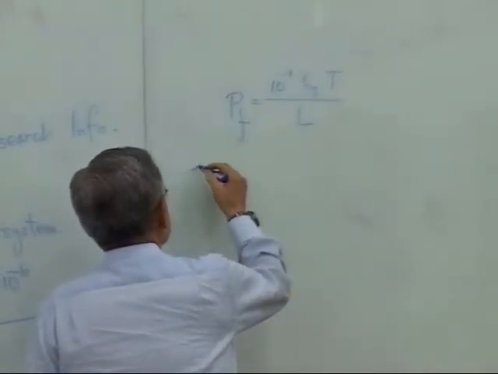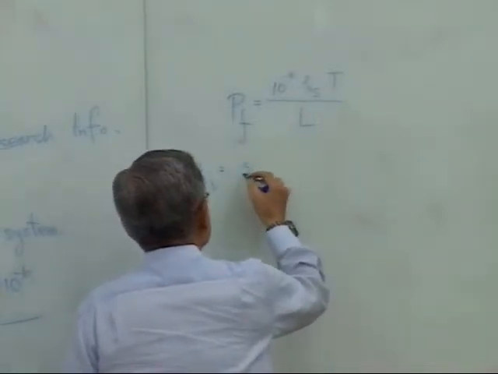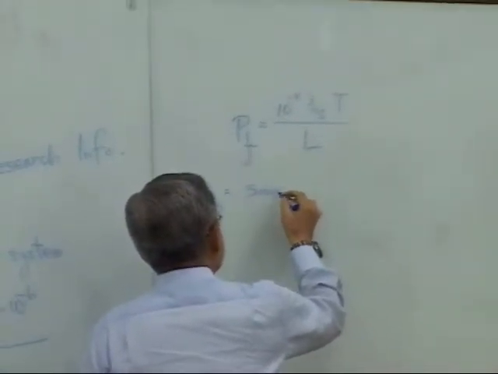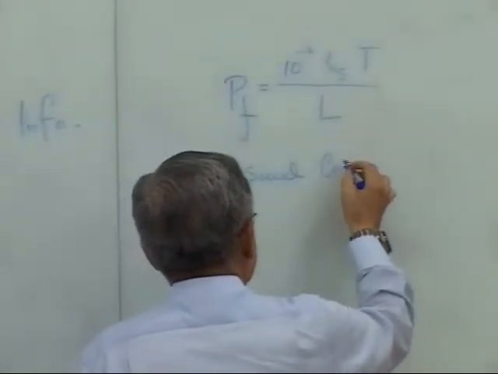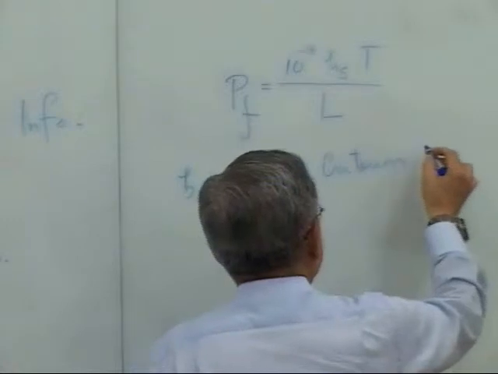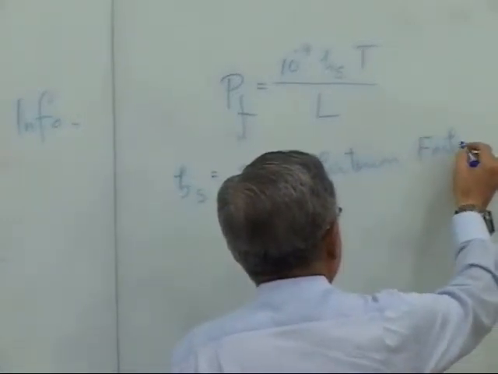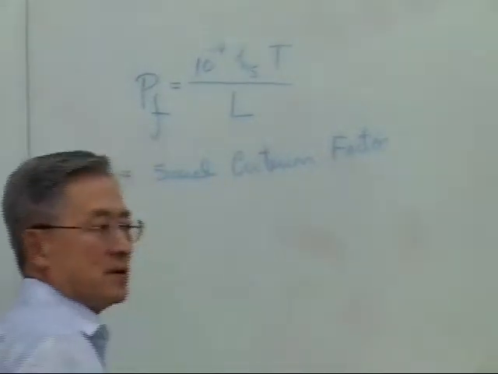And zeta S is called the social impact factor, or criterion factor, which is in the table.